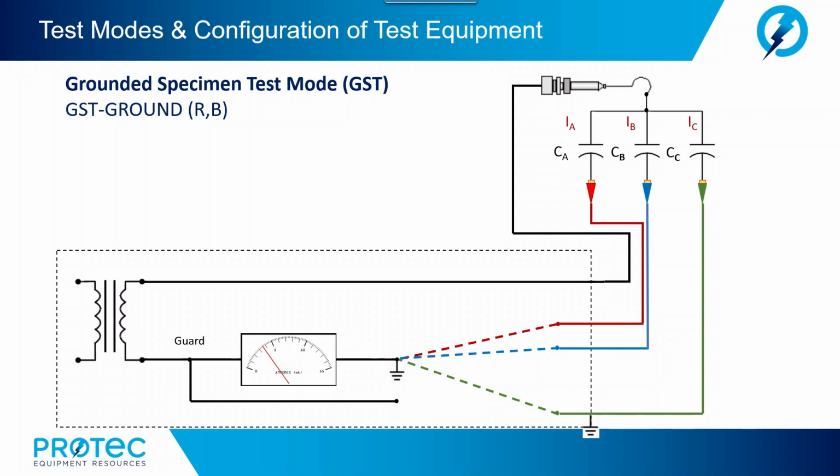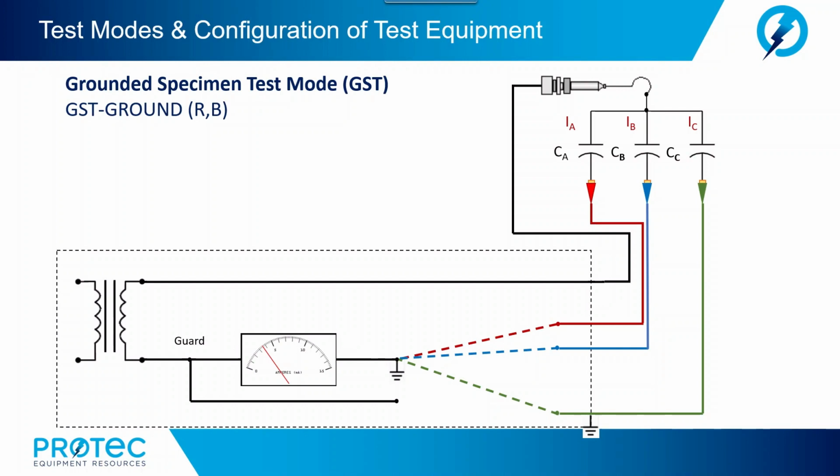With the analyzer in the GST, ground, red, blue, the low voltage leads are brought to ground potential. Thus, the low voltage leads may be used to connect ground to a specimen terminal. Now, in a GST test, as we see, ground is always going to be measured.